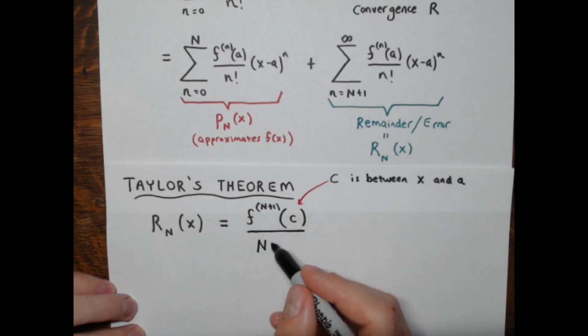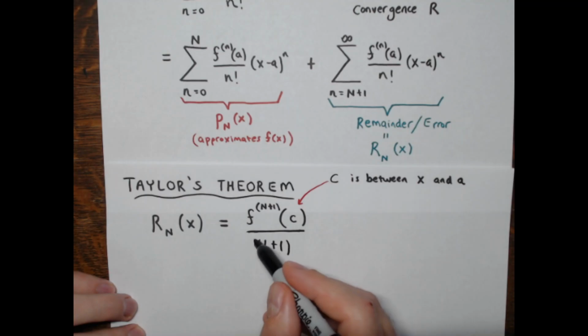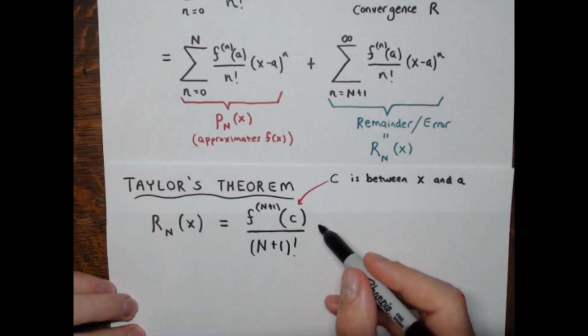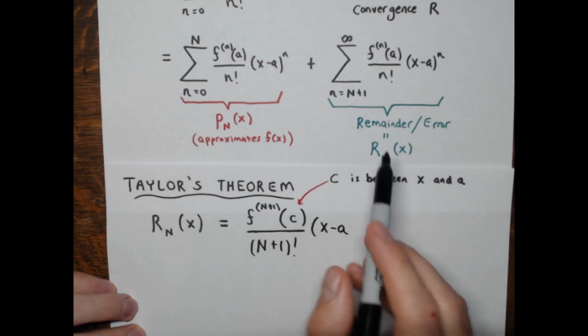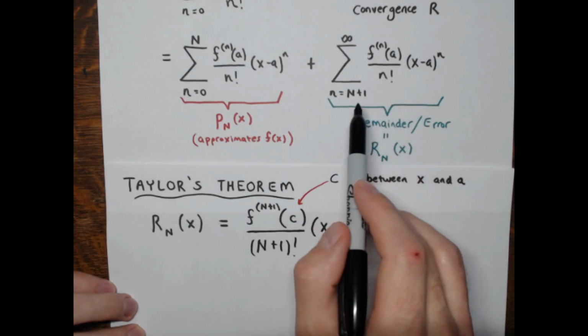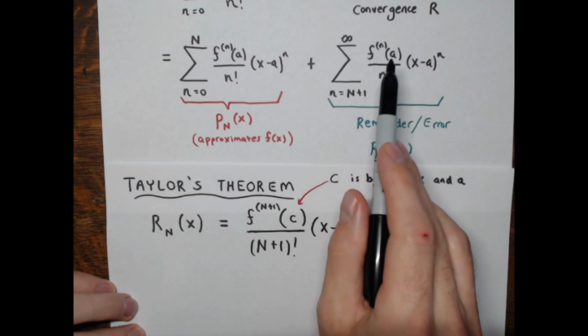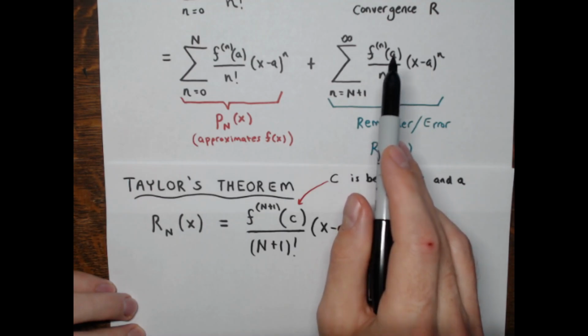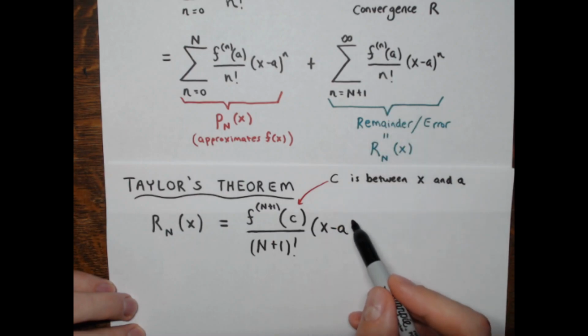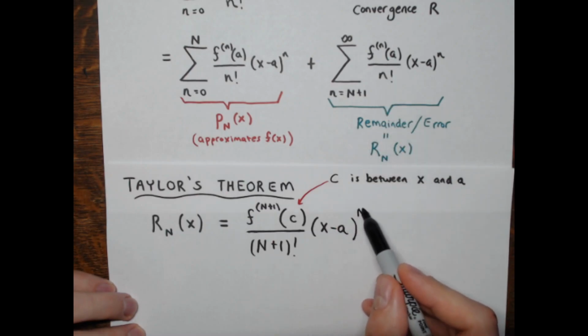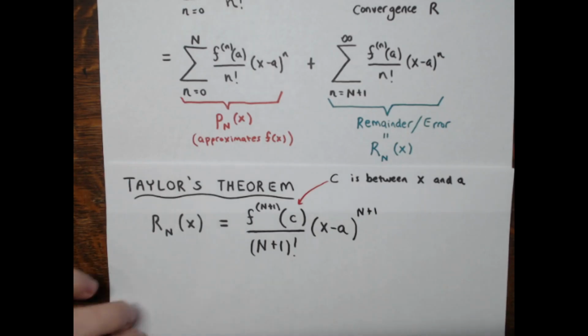Divided by capital N plus 1 factorial times x minus a. It looks exactly like the first term of this sum, but instead of a here, you have some value c that's lying between x and a, and times x minus a to the capital N plus 1.